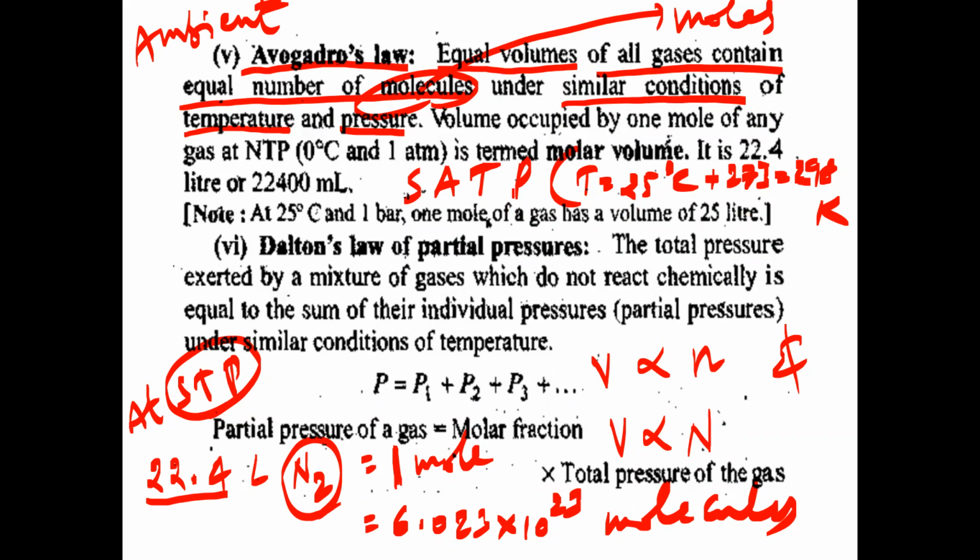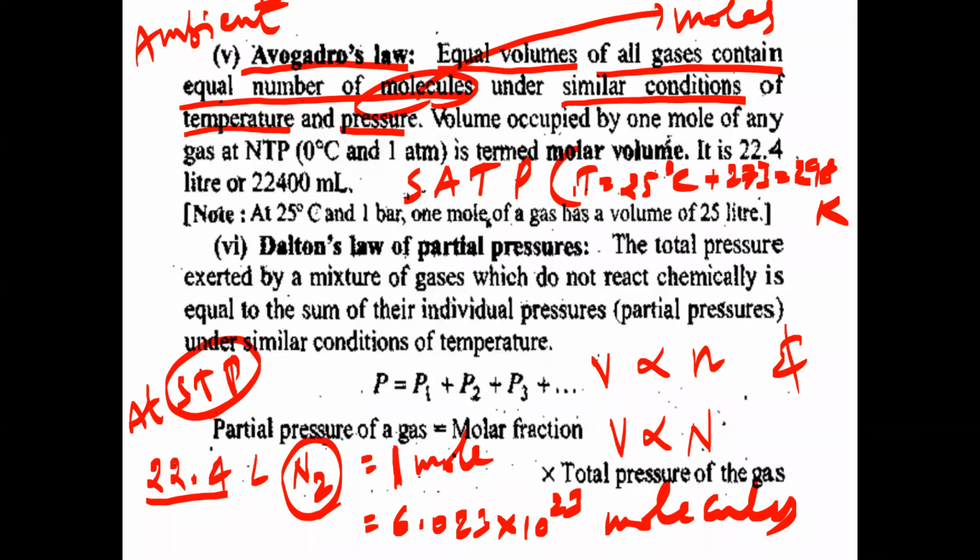And standard pressure means 1 bar. STP pressure is 1 bar, and SATP pressure is also 1 bar. The pressure is the same for both cases. In the case of STP, the temperature is 0 degrees Celsius, which means 273 Kelvin.